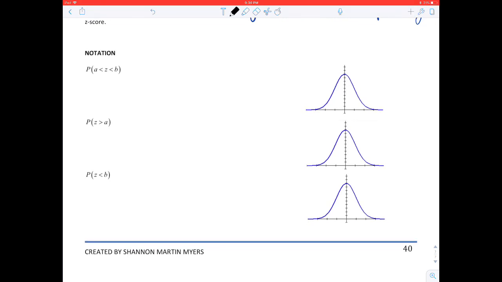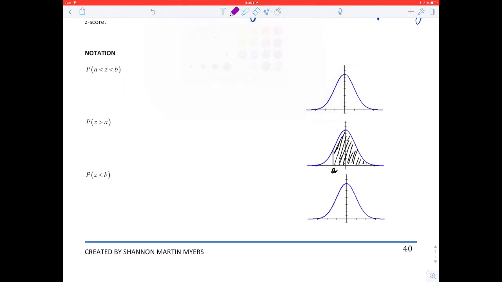Let's suppose that we have A here, okay? So the probability that Z is greater than some A would be this area to the right of A, all right?